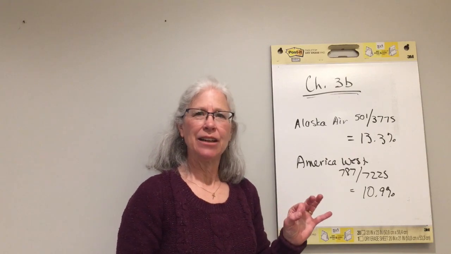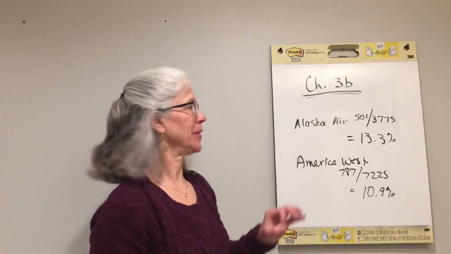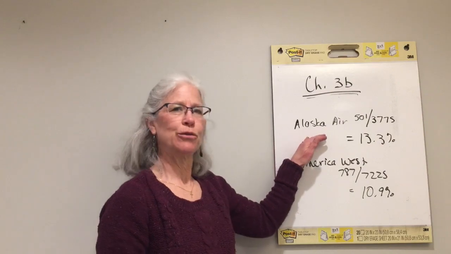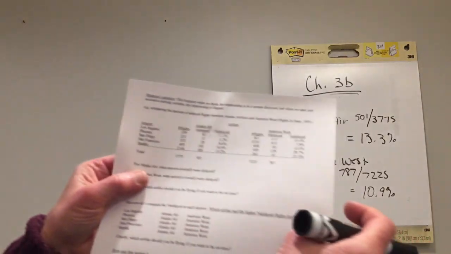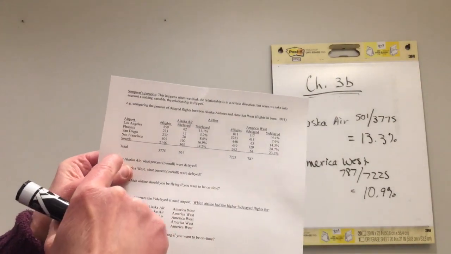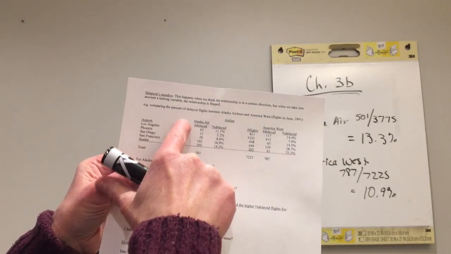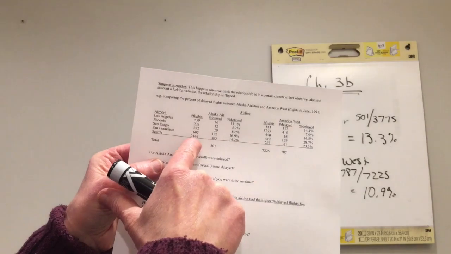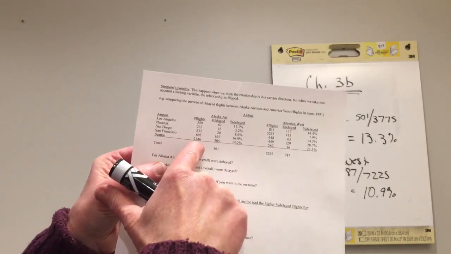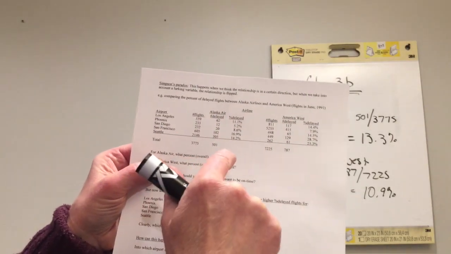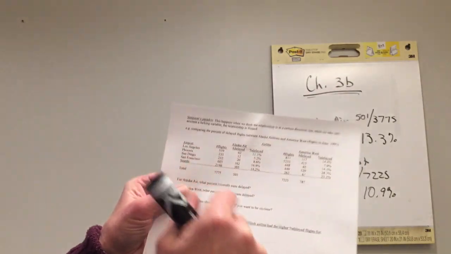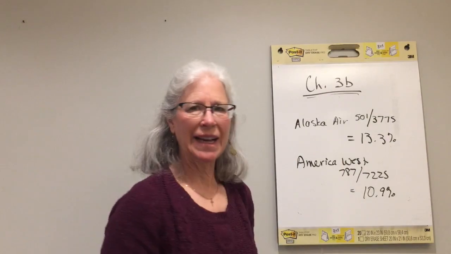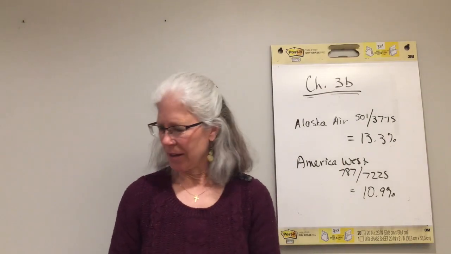Well, the key is recognizing where they fly. Alaska Air tends to fly to Seattle. If you look at the flights, the number of Alaska Air flights to Seattle, 2146. So a whole lot of flights were to Seattle. America West, many of their flights were to Phoenix. Well, if you think about Phoenix versus Seattle, Phoenix, blue skies, sunshine every day of the year.